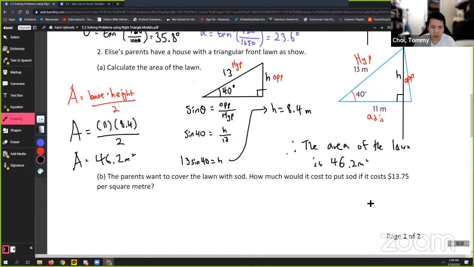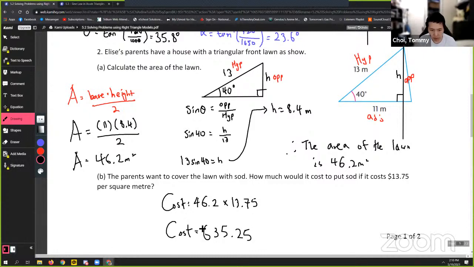And then it says, parents want to cover the lawn with sod. How much would it cost to put sod if it costs $13.75 per square meter? So all you had to do here was multiply the two. 46.2 times 13.75, and the cost would be $635.25.